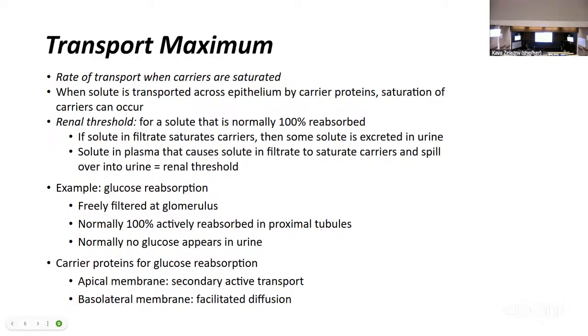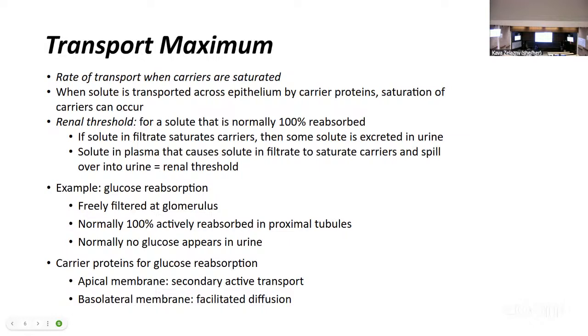And so we have a way to express what the amount of a solute in the plasma is that gets us to that transport maximum, right? If we're seeing glucose in the urine, imagine we have sweet urine here. What does that mean about the blood glucose? How could you back solve, figure out what people's blood glucose levels are?